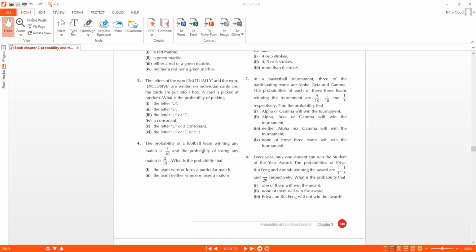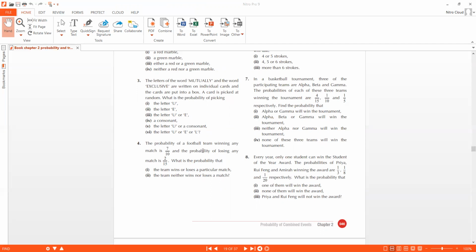The letter U or E or L. What is the probability of getting the letter U or E or L? So it would be the probability of U plus E plus L. So you will have to add it separately.